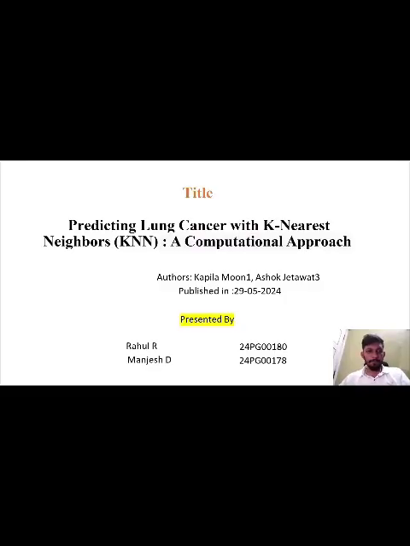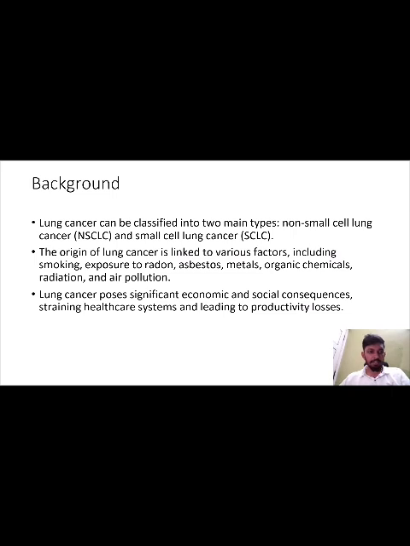This is my PPT: Predicting Lung Cancer with K Nearest Neighbors, a combination approach. Background. Lung cancer can be classified into two main types: non small cell lung cancer and small cell lung cancer.